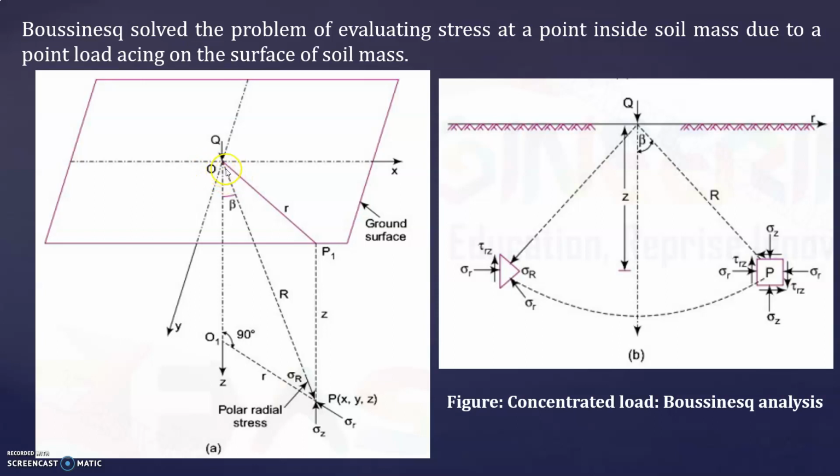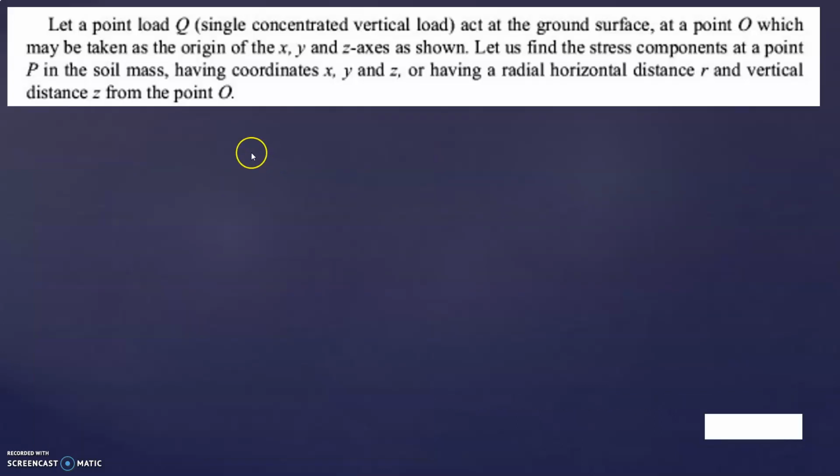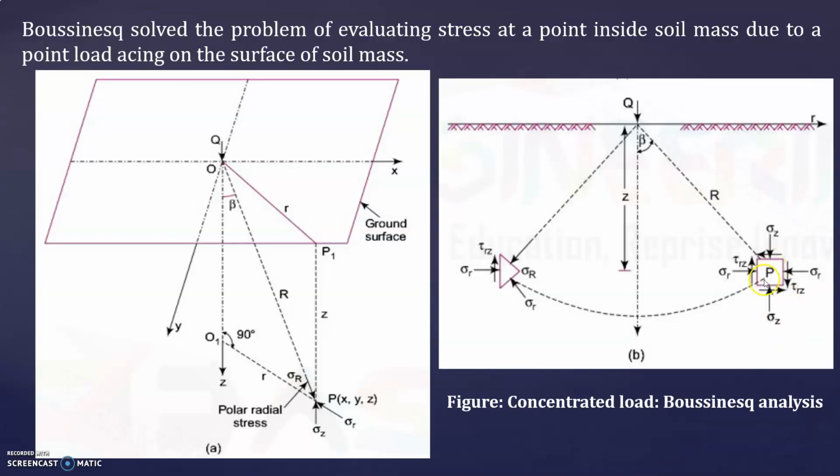Let us find the stress components at a point P in the soil mass having coordinates x, y, z, or having radial horizontal distance r and vertical distance z from the point Q. This is the point, and this is the vertical depth, that is z, and this is the radial distance r.